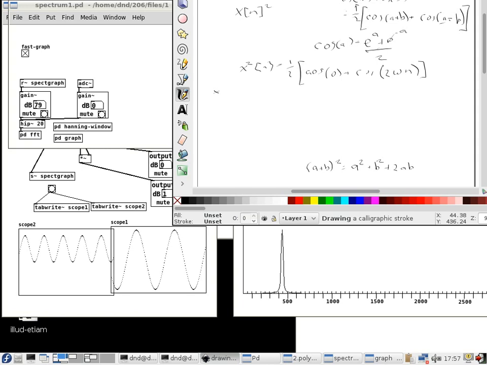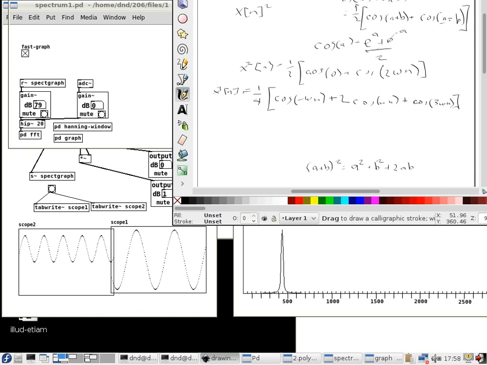So the cube, sorry, I'm actually drawing smaller than I can really draw here. That's this. It's a quarter times the cosine of minus omega n plus twice the cosine of omega n plus the cosine of 3 omega n.